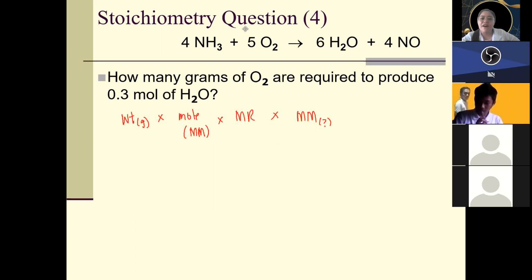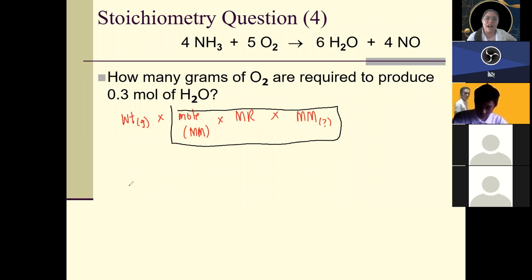Most of the people online answered 8 grams. There is one who answered 4 grams. Okay, let's see. Which part of the formula are we going to use? The same, right? This one. So we will start with the given 0.3 mole of H2O.